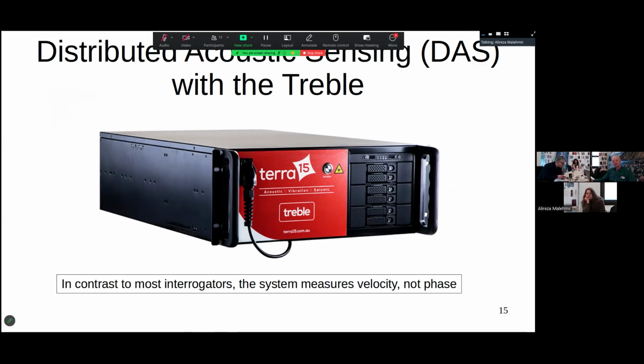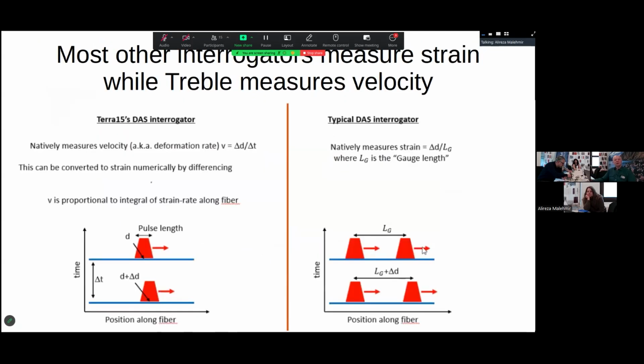It measures the velocity along the fiber optic cable and not the phase. Most interrogators send down 2 pulses, and there's a gauge length between these 2 pulses. What's interesting is the change in the gauge length between the 2 pulses along the fiber.